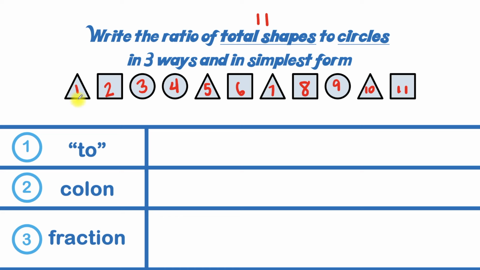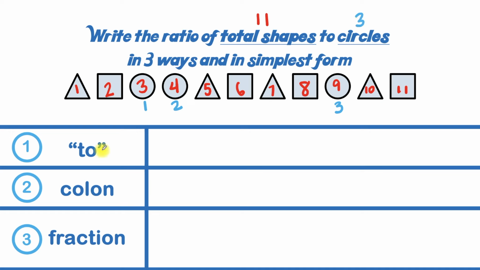Well, that's not a circle, so that doesn't count. Again, not a circle. Here's circle number 1. Here's circle number 2. Not a circle, not a circle, not a circle, not a circle, and circle number 3. Do we have any more? Nope and nope. Okay, so we've got 3 circles in our ratio.